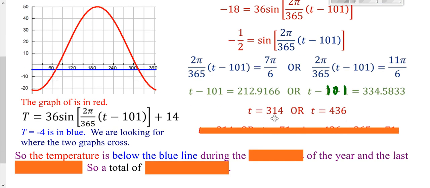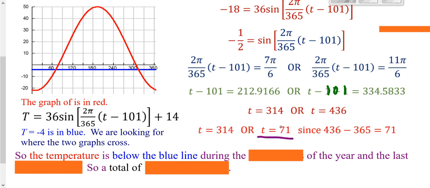Now 314, that's within 1 calendar year, but 436 is more than 1 calendar year. So I can go ahead and subtract a full period, which is 365, and I get 71. So that means my 71 right here correlates to here.